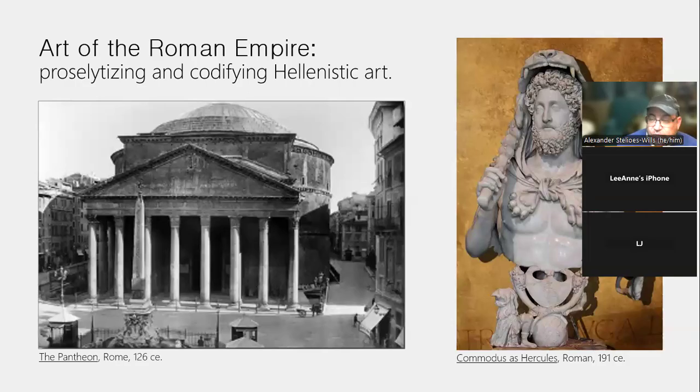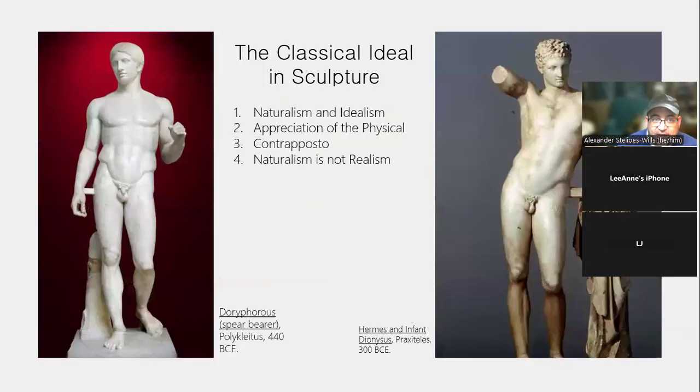In fact, just to show you, once again, let's go back. This right here is a copy. It's not the original Doryphoros. In fact, it's a Roman copy, right? The Romans did a lot of that. I think the original was actually in bronze, but the Romans did a lot of marble copies of Greek original bronzes.